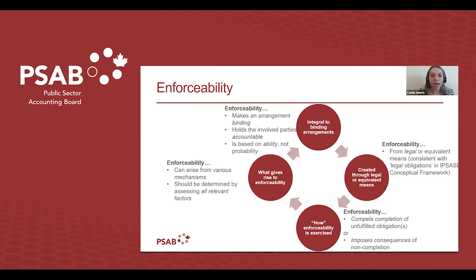The assessment of whether an arrangement is enforceable is based on an entity's ability to enforce the specified terms and conditions of the arrangement and the satisfaction of the other party's obligation. An entity's intention regarding enforcement is not considered in assessing whether the arrangement is enforceable.